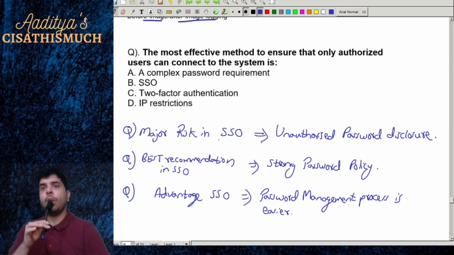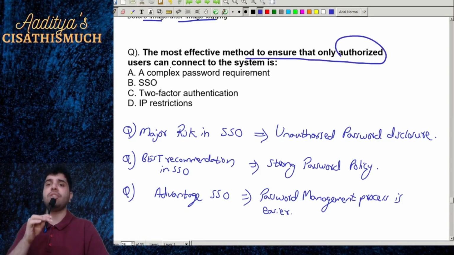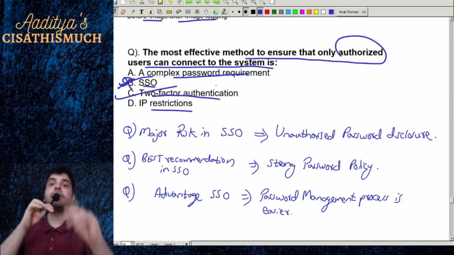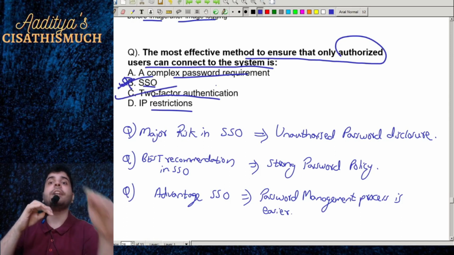Question number 2. The most effective method to ensure that only authorized users can connect to the system is: A, a complex password requirement. B, SSO. C, two-factor authentication. D, IP restrictions. The correct option is C, two-factor authentication.